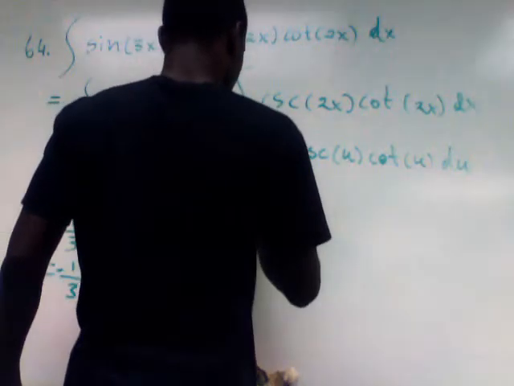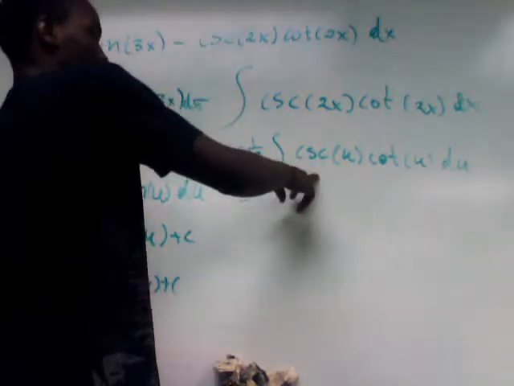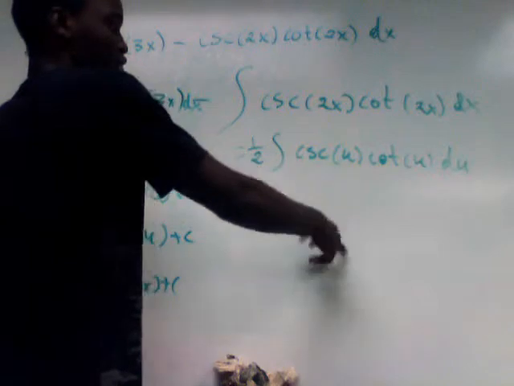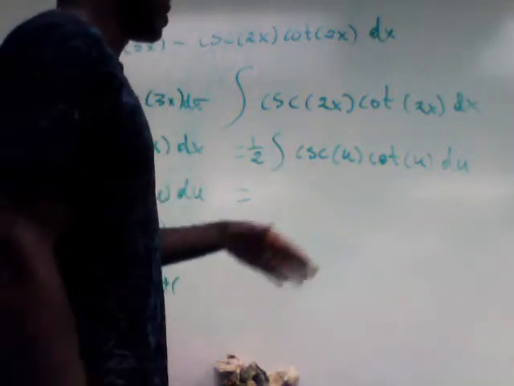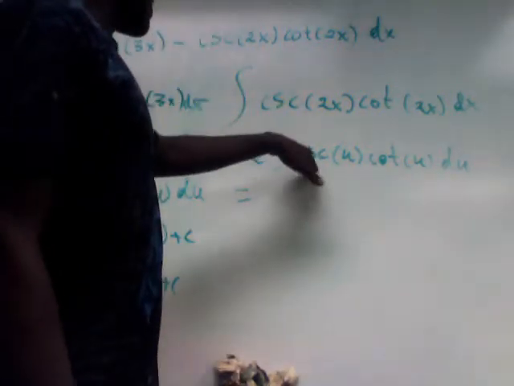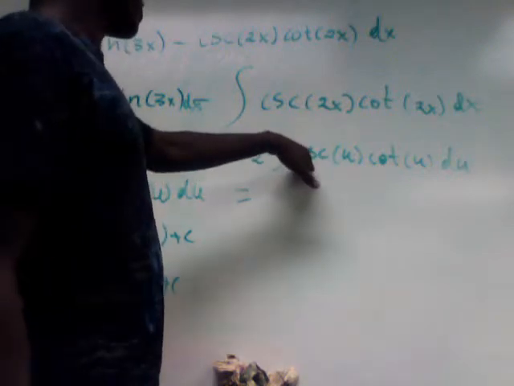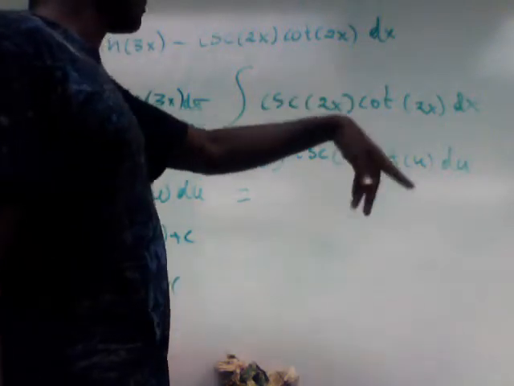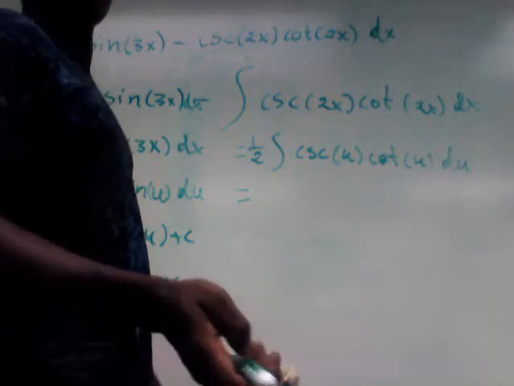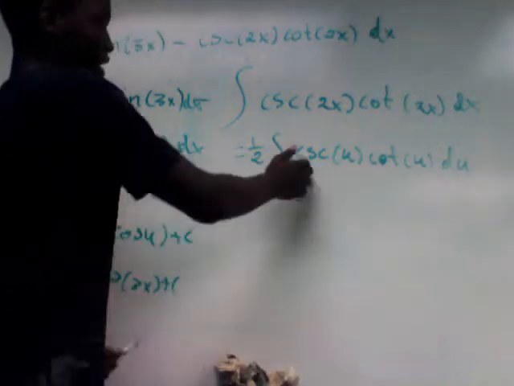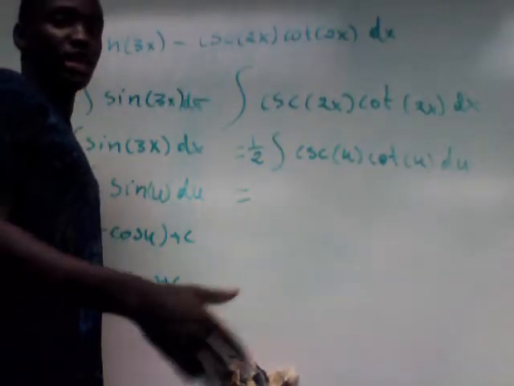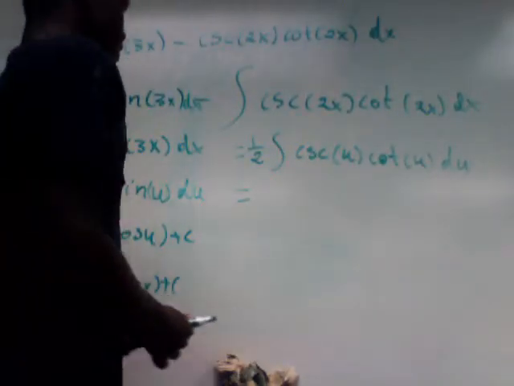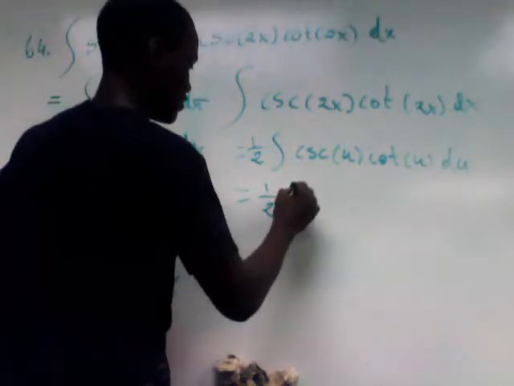Now, as I said earlier, cosecant of u and cotangent of u is also one of the other trig identities. Usually the antiderivative of negative cosecant u cotangent u is going to be cosecant of u. So the antiderivative of positive cosecant u cotangent u is going to be negative cosecant u.